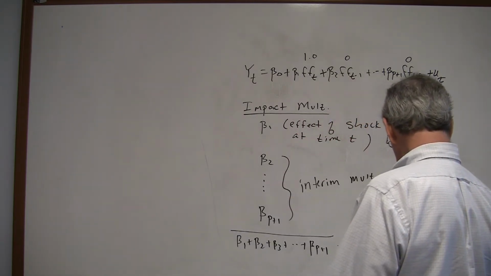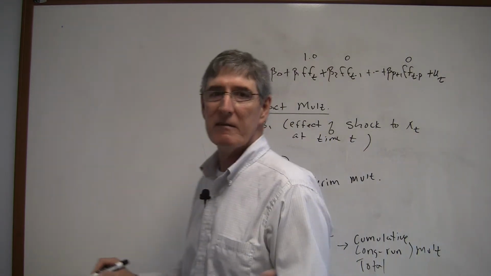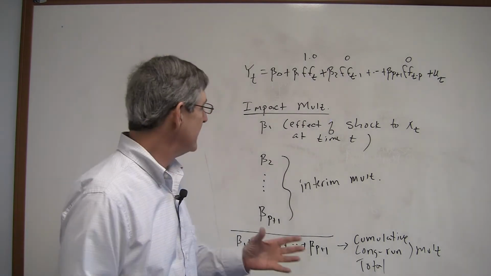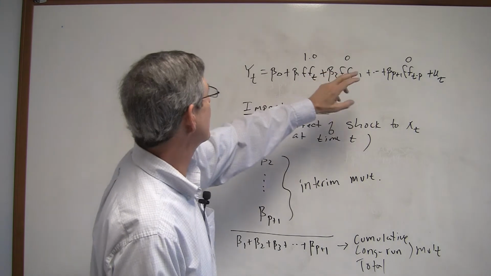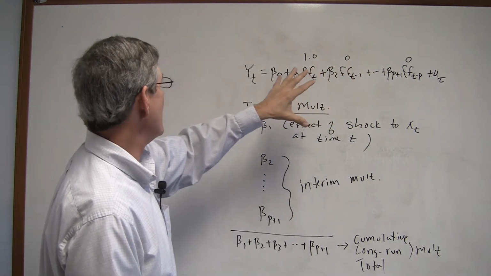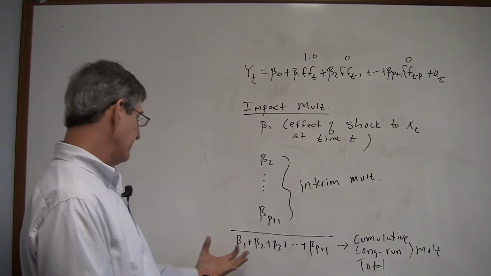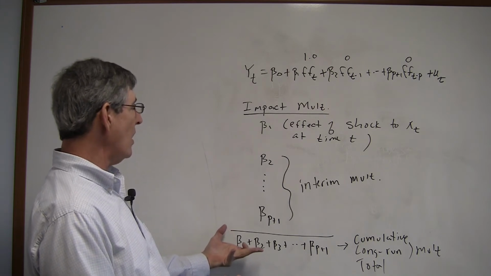Those are all the same multiplier. So it's called the cumulative multiplier, the long run multiplier, the total multiplier. It's the total effect of the shock. So this is the effect in this period, the effect in this period, and the next period, and so on. If I want to know the total effect on y, I have to add them all up. And so this is the total impact. How much y changes overall.